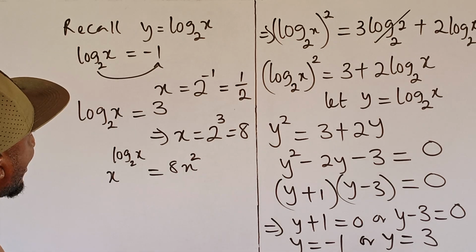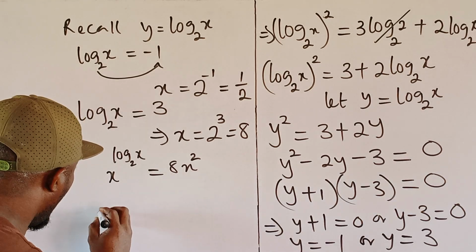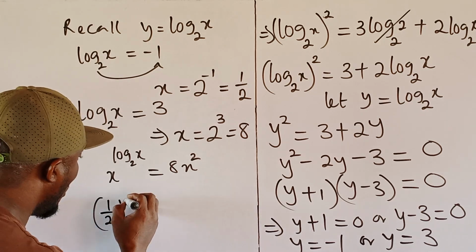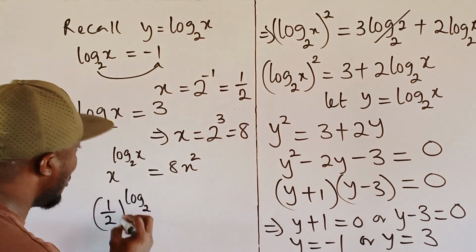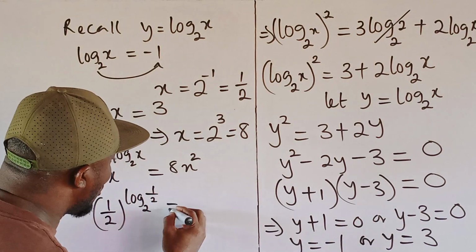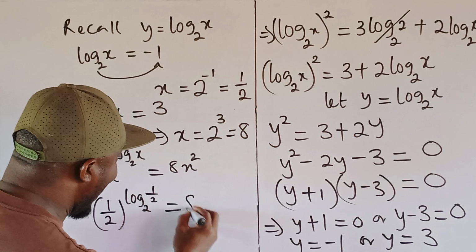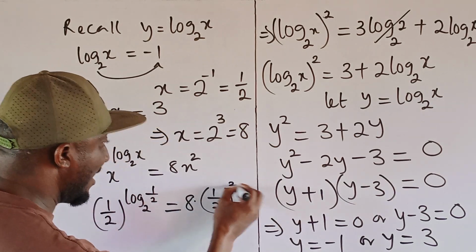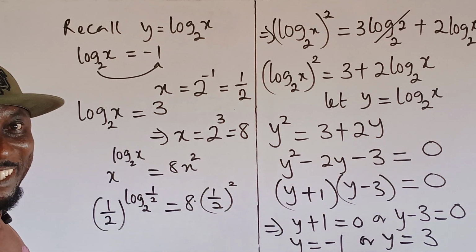So when x is equal to half, we are going to have half raised to log to base 2 of the argument half. Is it going to be equal to 8 multiplied by half squared? So we shall test to conclude.